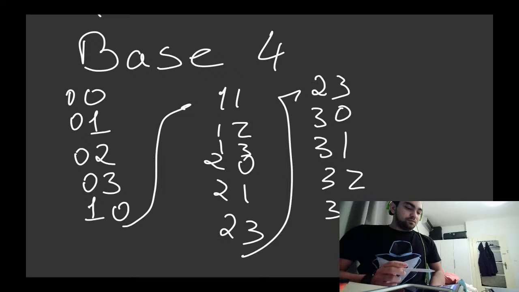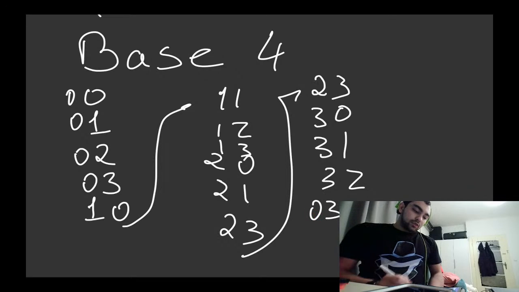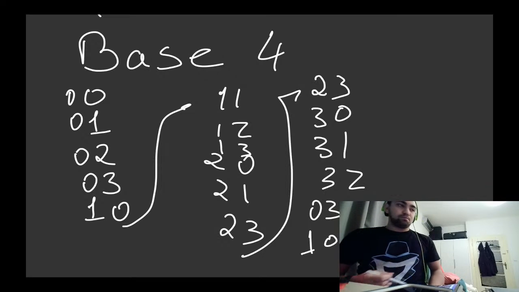And now we reach another problem, right? If we increment this one, it's 0. If we increment this one, it's 0. But again, don't forget that you have a 0 here. So when you increment this, it's 1. So this becomes 100. So this is how you count in base 4.